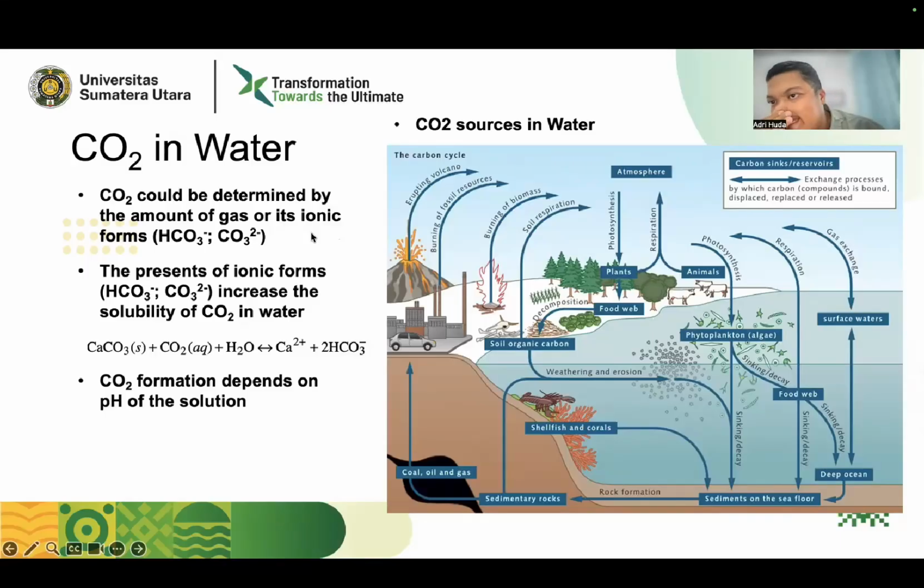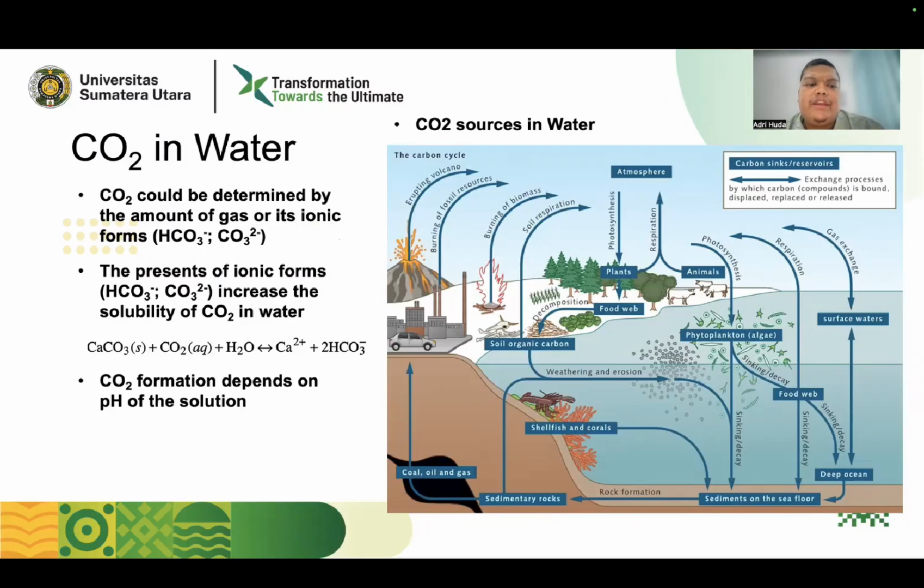So a lot of scientific activities report to quantify the amount of carbon dioxide in water. The idea to count how much carbon dioxide is in the water system is just to calculate the amount of gas and its ionic forms, either in bicarbonate or carbonate ions.